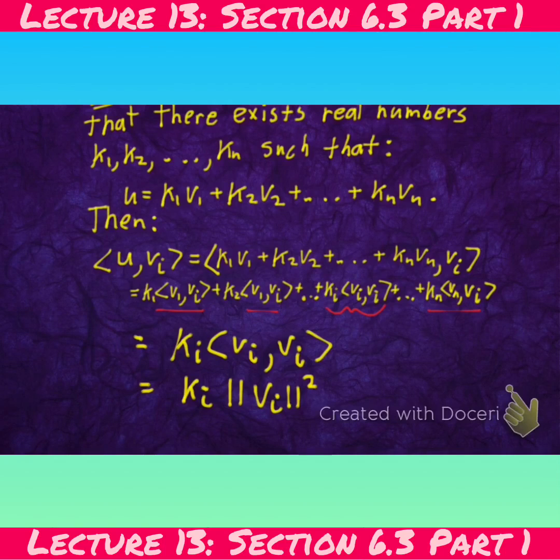Now that means that again we can solve for this value here, and that's going to imply that we can solve for ki as that divided by the norm of vi squared.